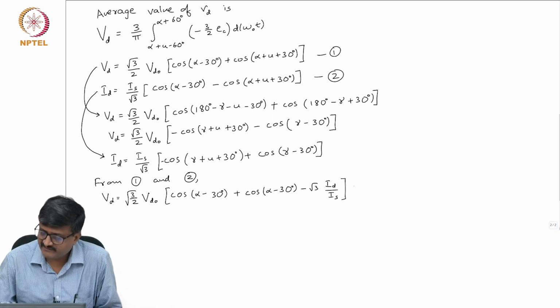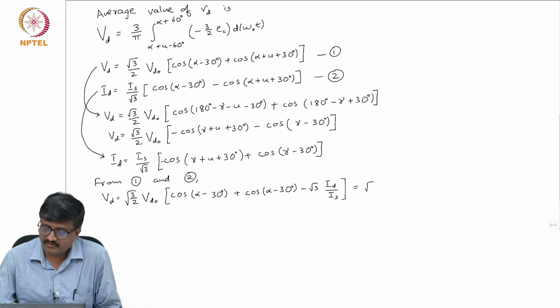So, this can be written as root 3 Vdo, so there is cos alpha minus 30, cos alpha minus 30.